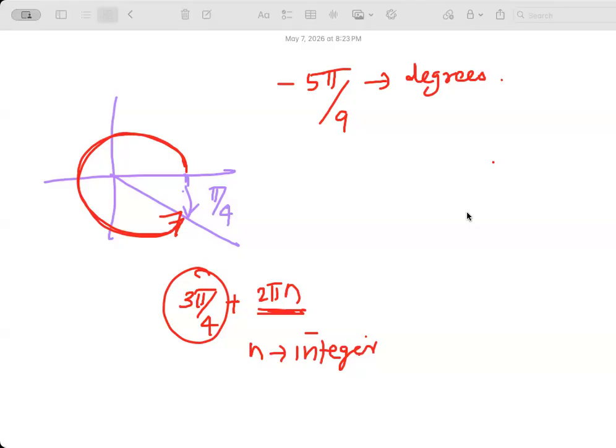Avni, is that right? Minus 5 pi by 9 to degrees. Oh yeah, somebody got it. Somebody got it, I saw.